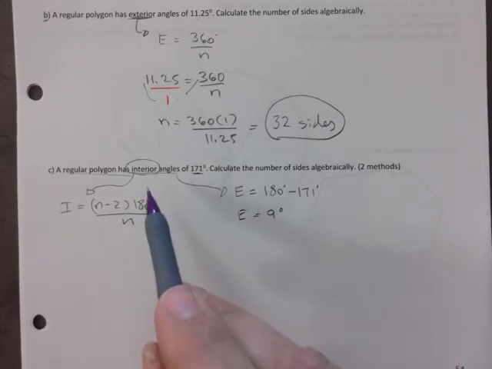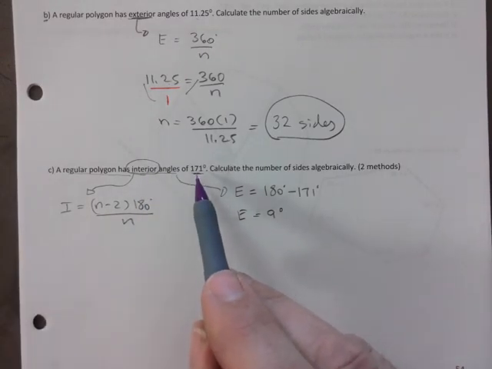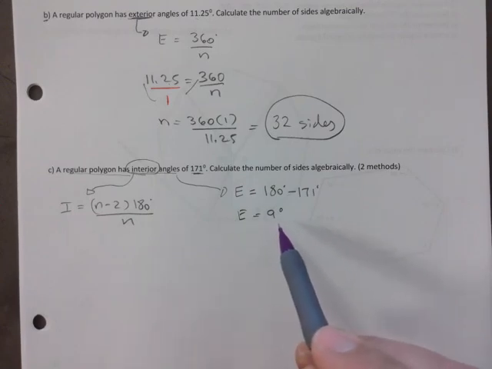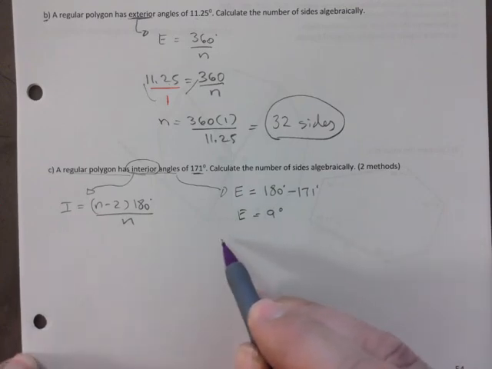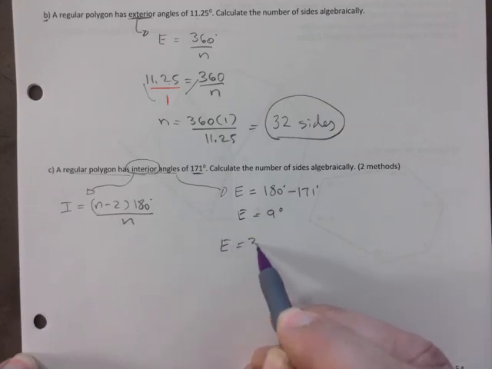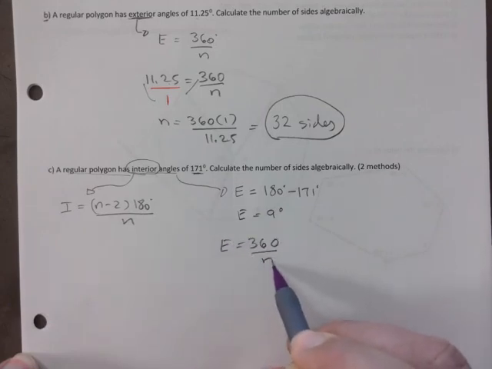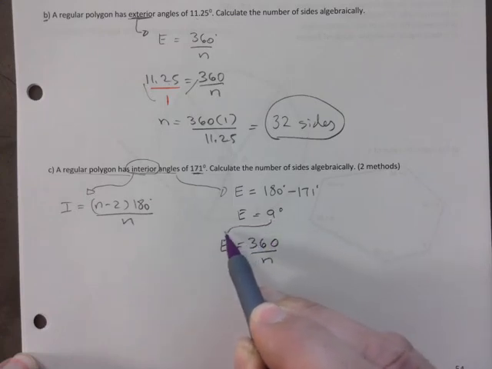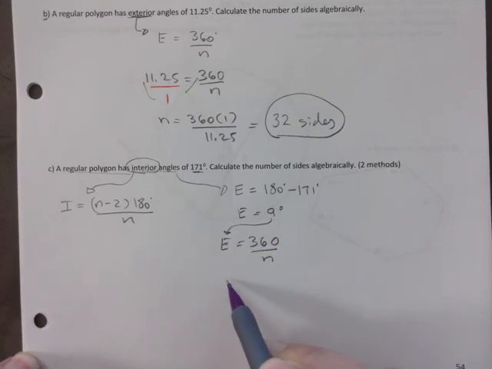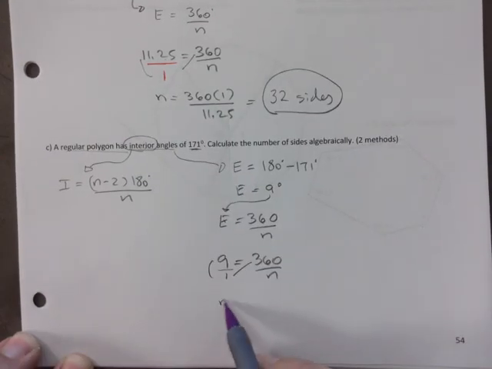So basically when they said the interior angle is this, they're also saying the exterior angle is 9. So now you're using this formula instead, where the 9 is, you're going to substitute that in there. Like so. You put the 1 underneath, times, divide.